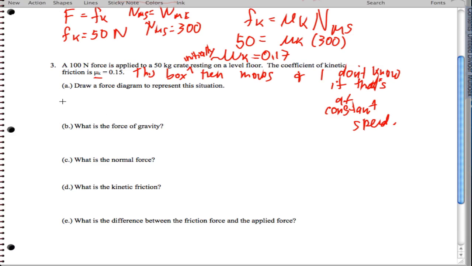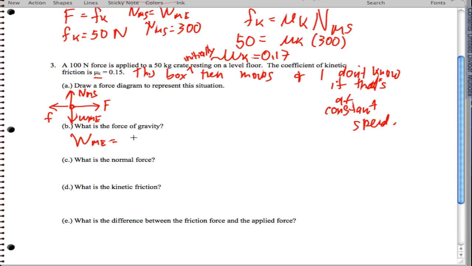So draw a force diagram to represent the situation. Here we go. I have a normal on the mass due to the surface, the weight on the mass due to the earth, an applied force, and a friction force going the opposite way. Now, what's the force of gravity? That's the weight.